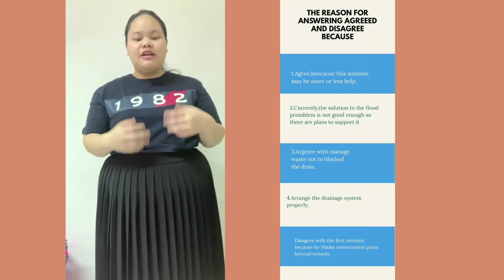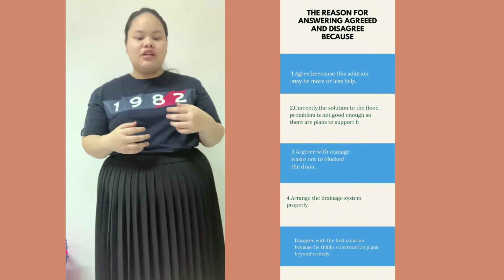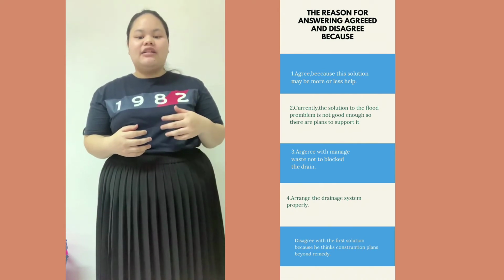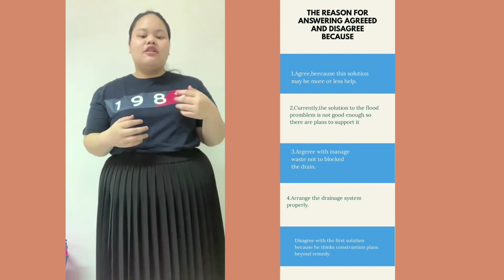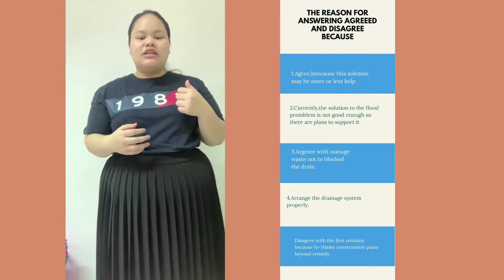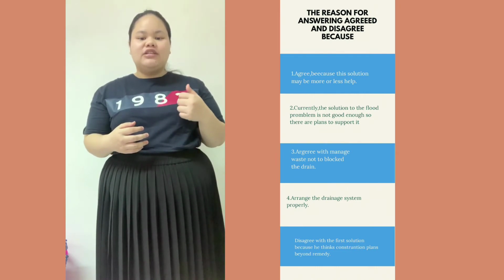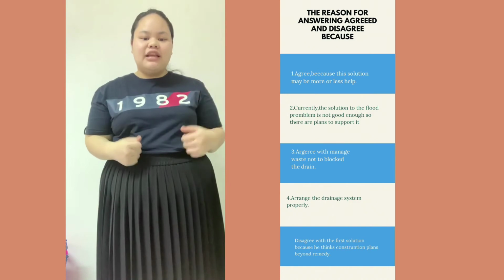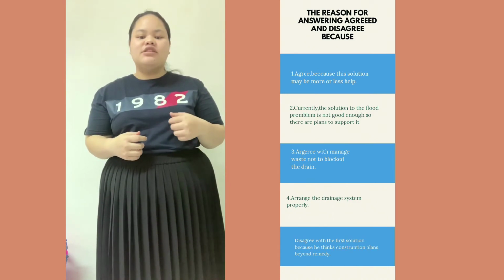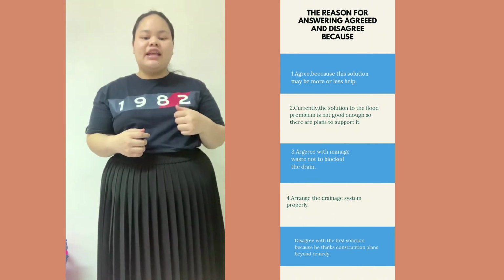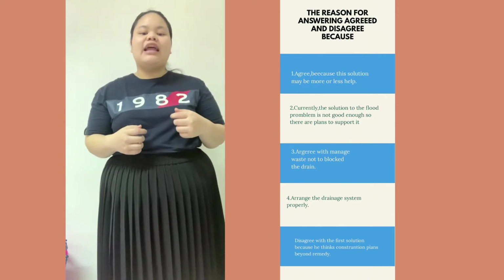The third, agree with managing waste not to block the drain. And the last one, agree with a good drainage system. And they disagree with the first solution because they think the construction plan is a remedy.